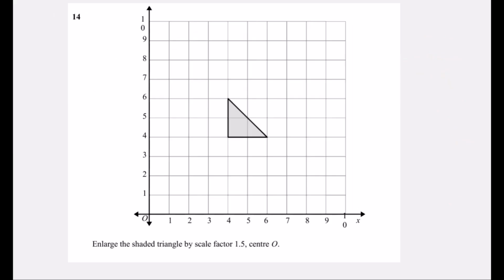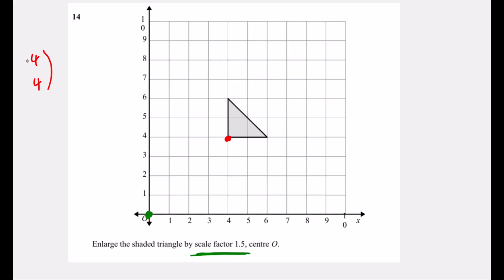Question 14. Enlarge the shaded triangle by scale factor 1.5, center at the origin. So our new triangle, scale factor 1.5, is going to be 1.5 times as far away from this point. So this bottom corner, it was 4 right and 4 up.